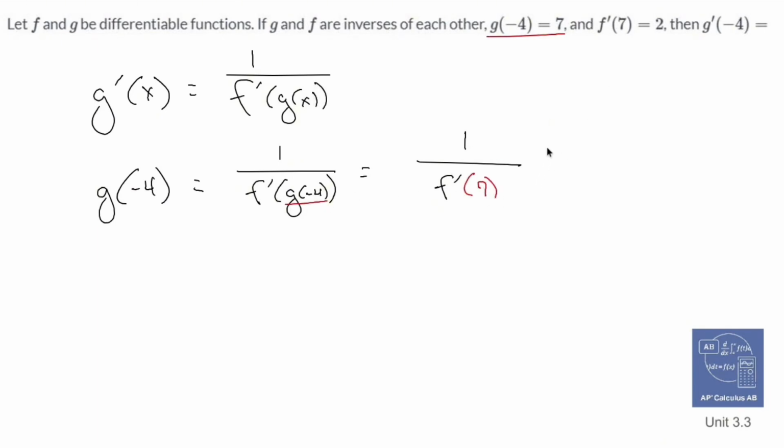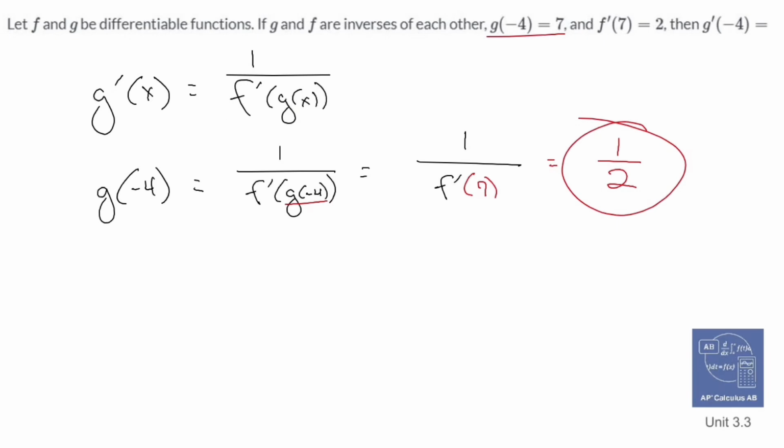And f prime of 7 is 2. So there you have it. Inverse derivative formula. This is a very typical base problem for this section, so I hope you had as much fun as I did.